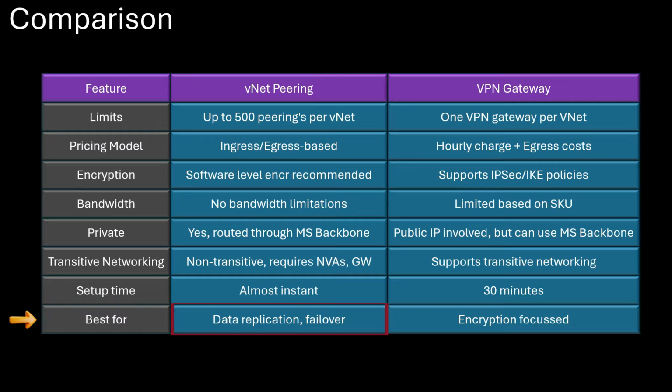Lastly, peering is best for data replication or failover from the use case perspective, whereas you make use of VPN gateway when you need end-to-end encryption. So when it comes to connectivity, choosing the right option depends on whether you prioritize speed, security, bandwidth, or connectivity requirements for your workloads.